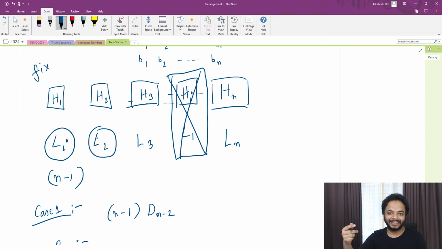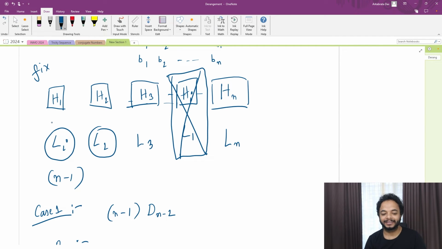So now try to understand that it's basically a dearrangement scenario where I have n minus 1 letters, and they won't go to their corresponding houses. So basically here Li is being treated as L1 which won't go to house 1, right?